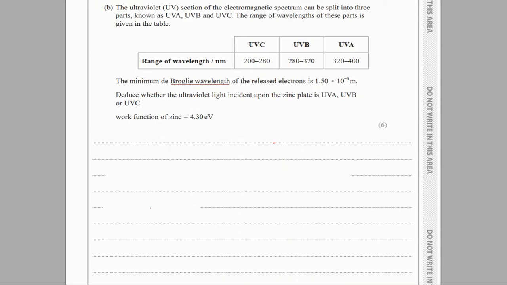The ultraviolet (UV) section of the electromagnetic spectrum can be split into three parts known as UVA, UVB and UVC. The range of wavelengths of these parts is given in the table. The minimum de Broglie wavelength of the released electrons is given. Deduce whether the ultraviolet light incident upon the zinc plate is UVA, B or C. Work function of zinc is given.